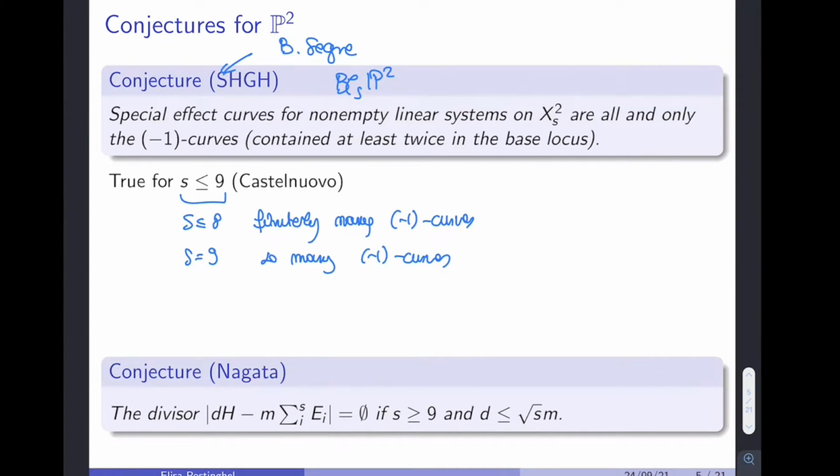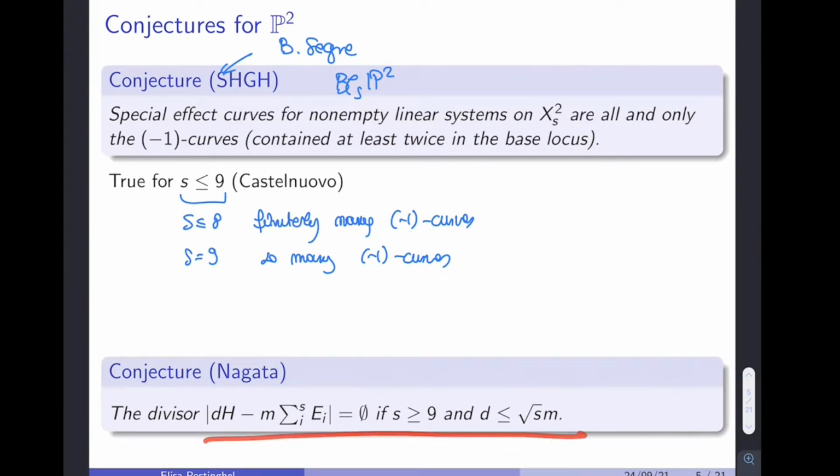And just to mention here, there is another conjecture that is related to emptiness of linear systems, and this is also wide open, and that's due to Nagata. While he was doing something else, constructing a counterexample to Hilbert's 14th problem, he proved some result about emptiness of plane curve linear systems, and then he conjectured that the behavior of the examples he looked at should be general.